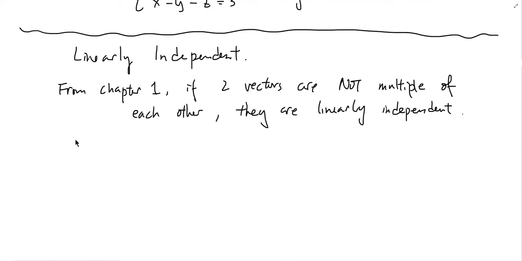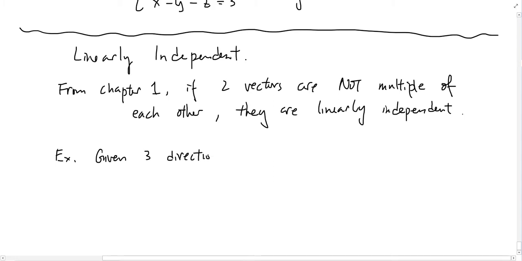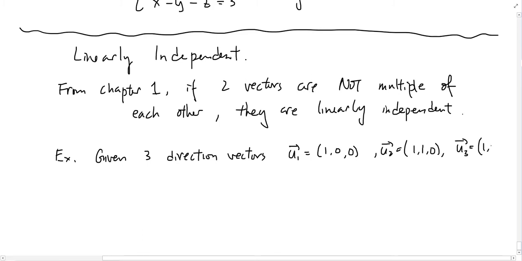Now let me show you this example. Consider the following. Let's say we're given 3 direction vectors. Let's say vector u1 is (1, 0, 0). Vector u2 is (1, 1, 0). And vector u3 is (2, 1, 0).